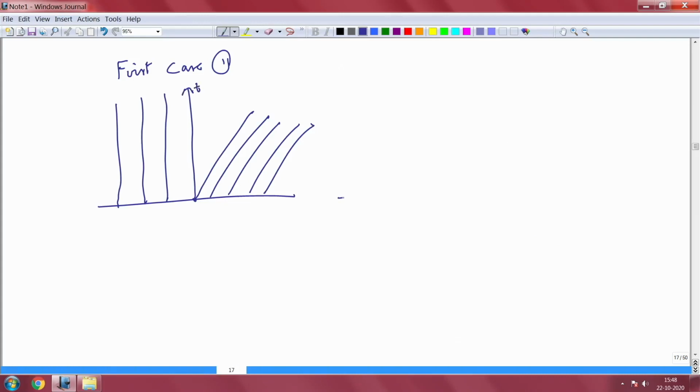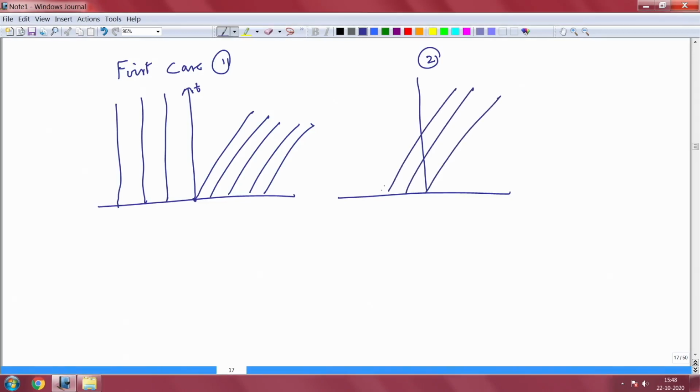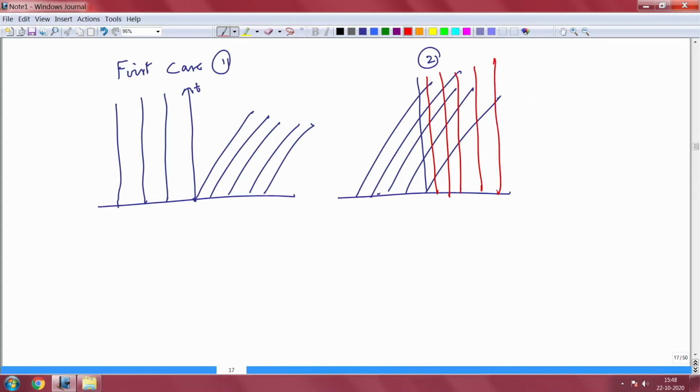In the second situation, case 2, you will have the other way. The characteristic will be like this for x less than 0. For x greater than 0, the characteristics are like this, you see. So, that means the characteristics are interchanging.